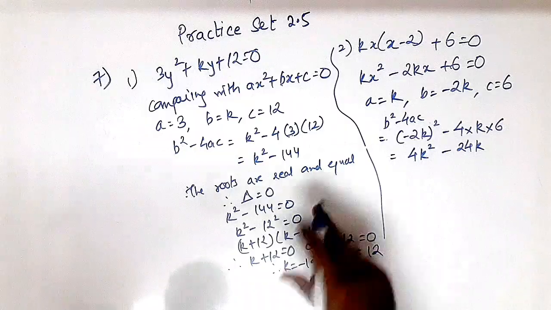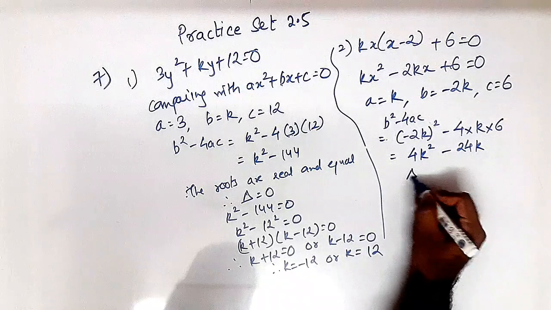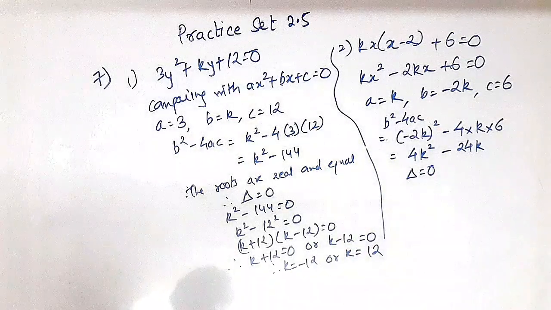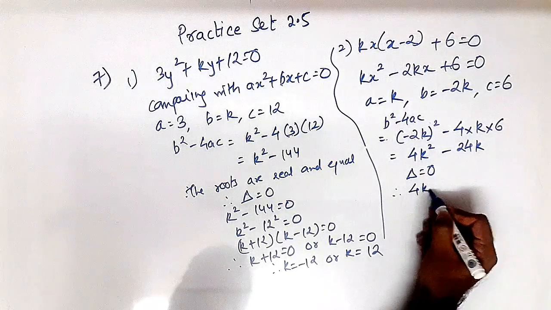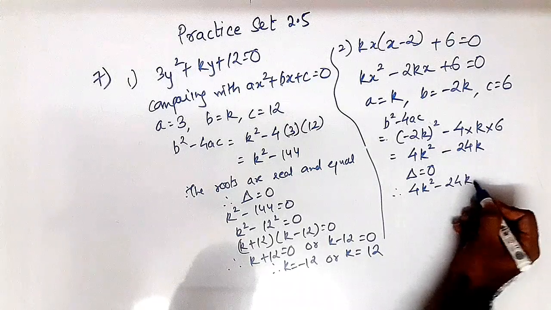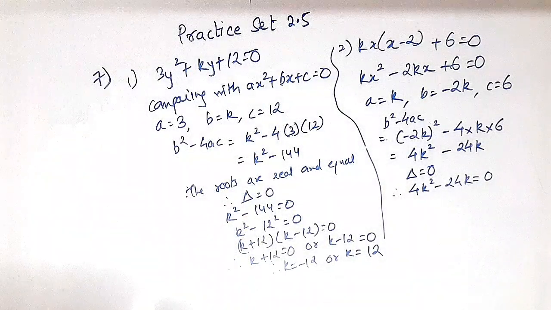So you know here delta is equal to 0, discriminant is equal to 0, therefore 4k square minus 24k is equal to 0.